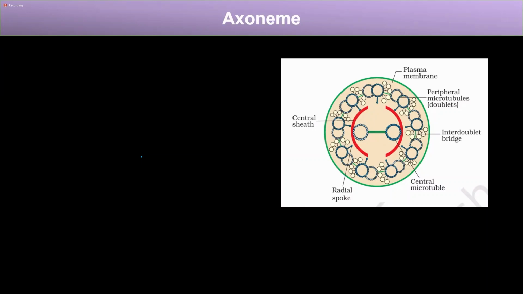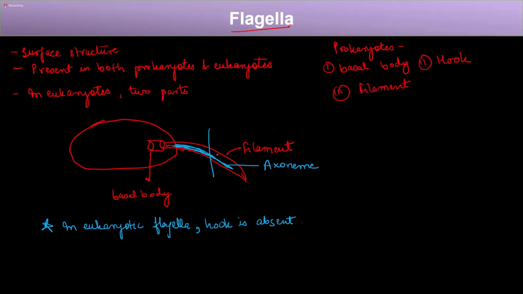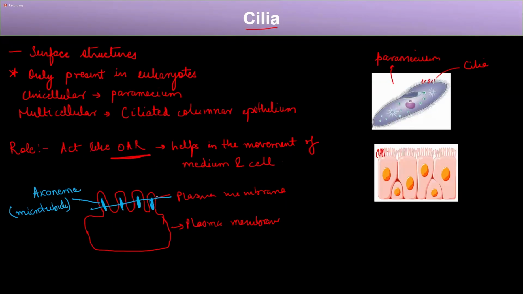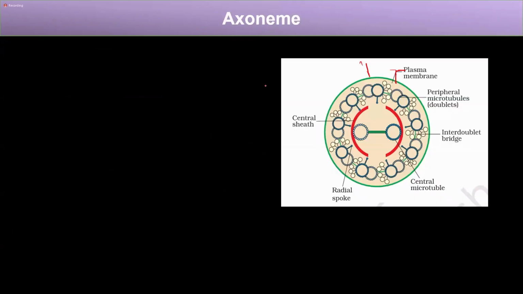So what do we have in this structure? Let's see. What we can see is the outer membrane here. The outer membrane is plasma membrane, because the axoneme is surrounded by the plasma membrane, right? So the outer layer is plasma membrane, and the axoneme is present inside.